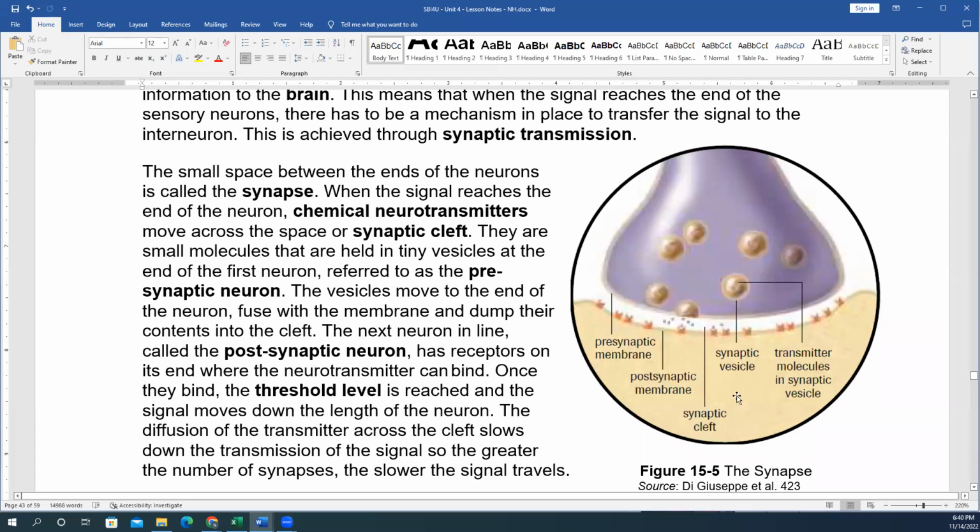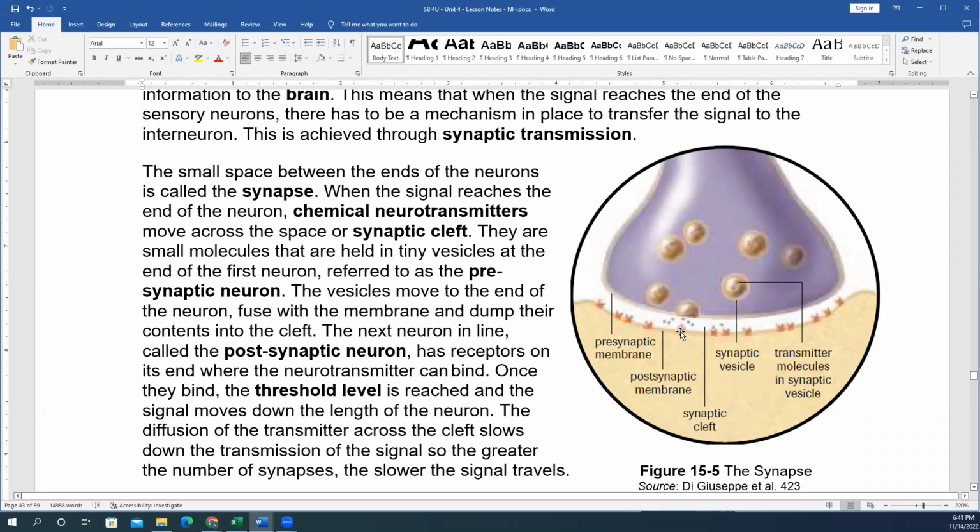Then this next neuron here is called the postsynaptic neuron. So the pre and the post: the one before, bringing the signal, and the one after, which will be receiving the signal. It has these little red colored receptors on its end, and these receptors will recognize and bind the neurotransmitters released from the presynaptic vesicles.